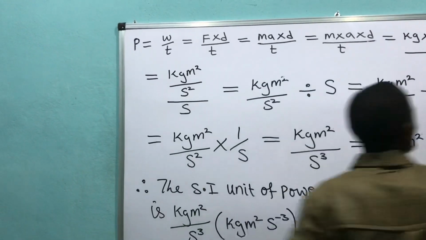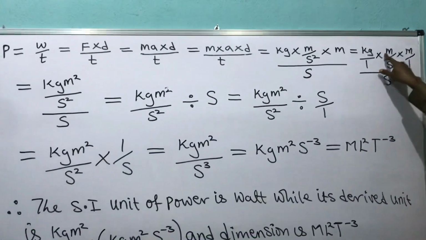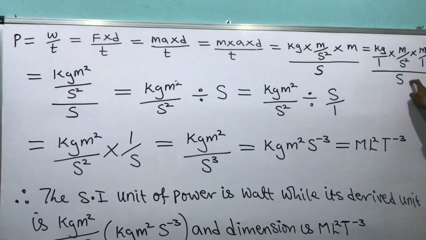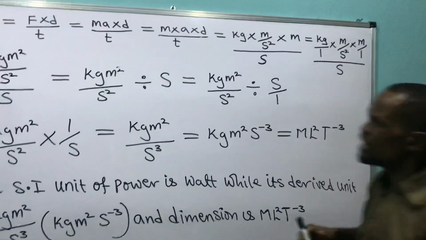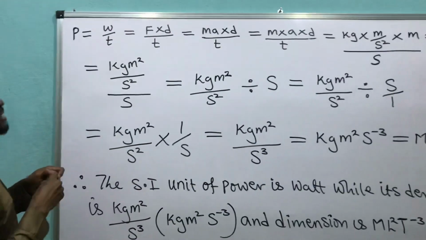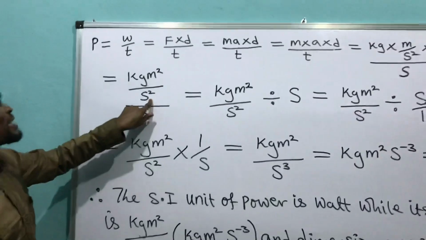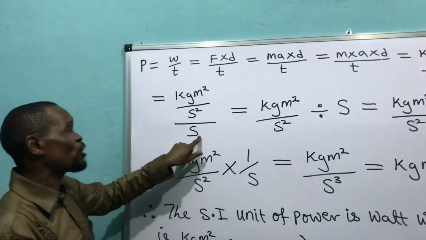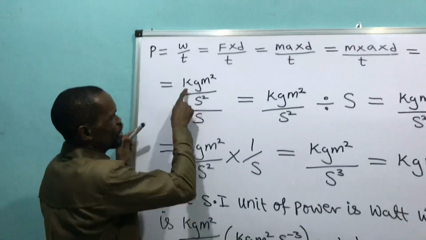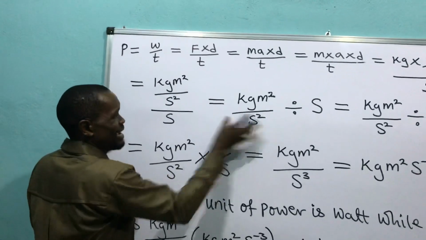Then let us come here so everyone gets it right. This is kilogram meter times meter squared over second square divided by seconds. That's what you see here. Kilogram meter square over second square, divided by seconds.